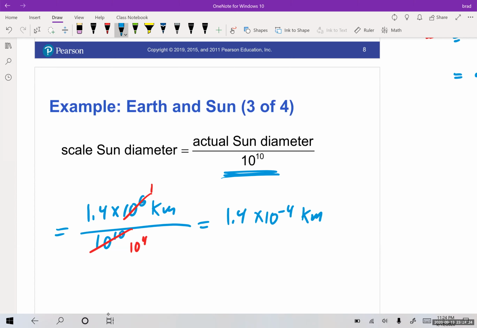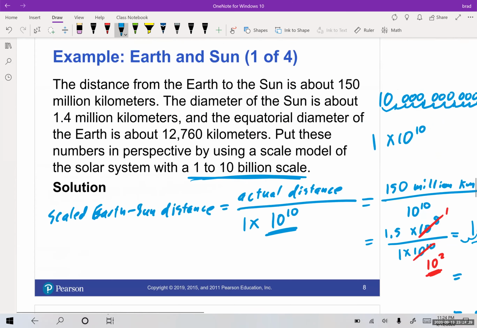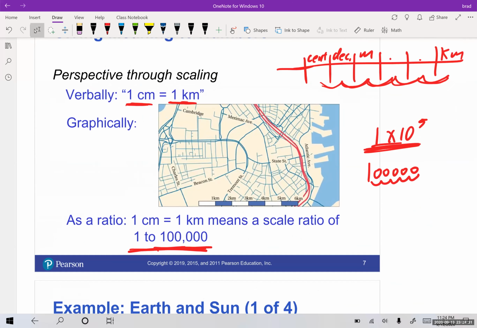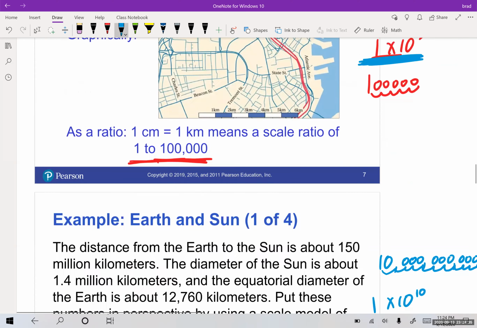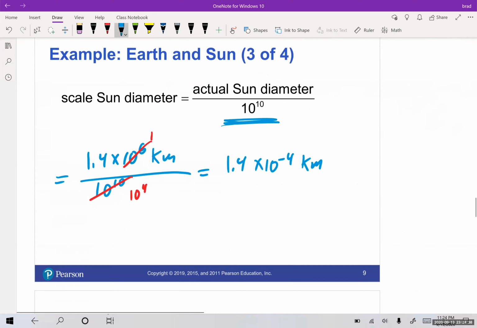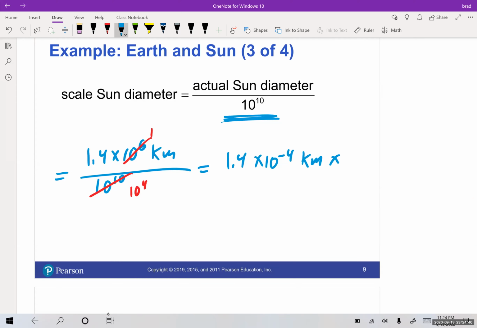However, we know now that there's a relationship between centimeters and kilometers, right? We did that up here. Kilometers to centimeters is 1 times 10 to the 5th, okay? So we're going to multiply this now by 10 to the 5th centimeters over kilometers. You could just do it in your head also, you could just count the place values. I'm just trying to show you what I'm doing because I'm going to cancel kilometers here.